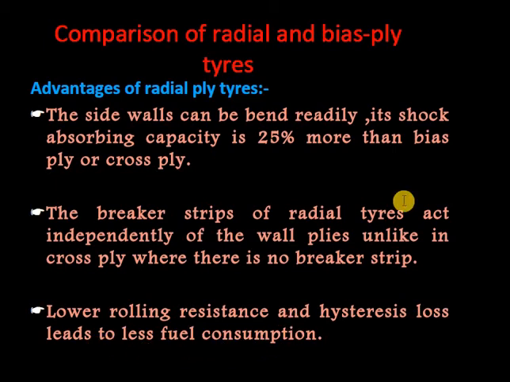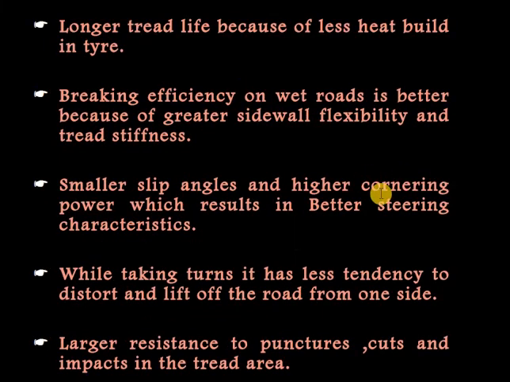lead to less fuel consumption, and longer tread life because of the less heat built up in a tire. The braking efficiency on wet roads is better because of the greater sidewall flexibility and the tread stiffness.